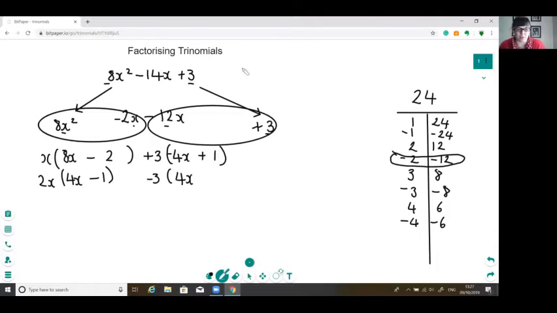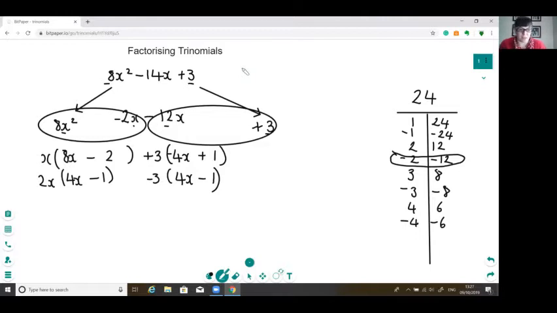Now that means that this would also change to a minus sign here. So you can see all I've done here is I've just swapped the signs around, so I've made the positive ones negative and the negative ones positive. Okay, so that would still give me minus 12x, just check, and the minus times a minus would still give me that positive, so it's just another way that I could make that.